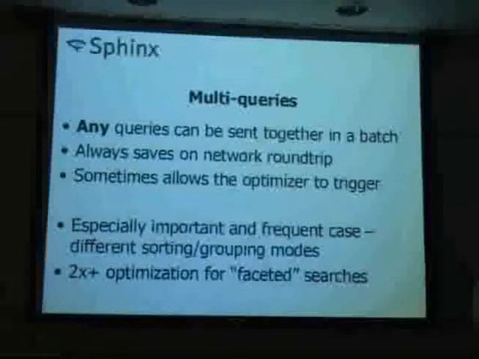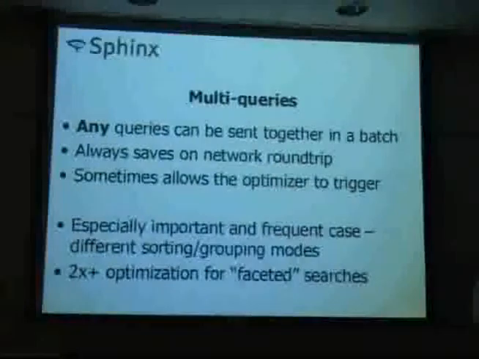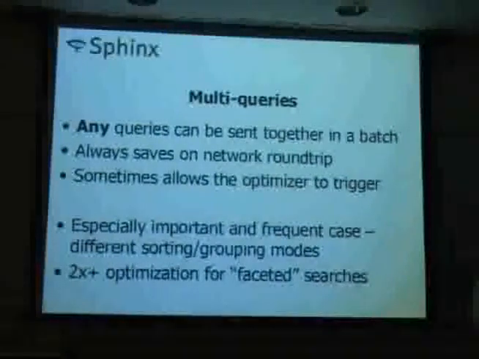Obviously this always lets you save on network round trips, but in some cases it also allows the internal optimizer to sniff the queries, find out that the queries have some common parts, and optimize the processing of those common parts. Currently the only publicly available optimization is the case when the query is the very same, when you're querying for the very same thing, but just need different views on the data, just different sorting modes, grouping modes, and so on.